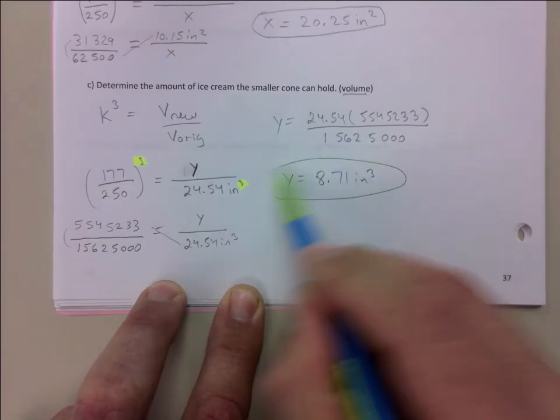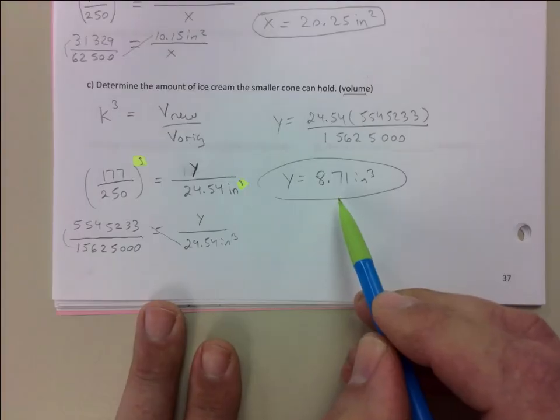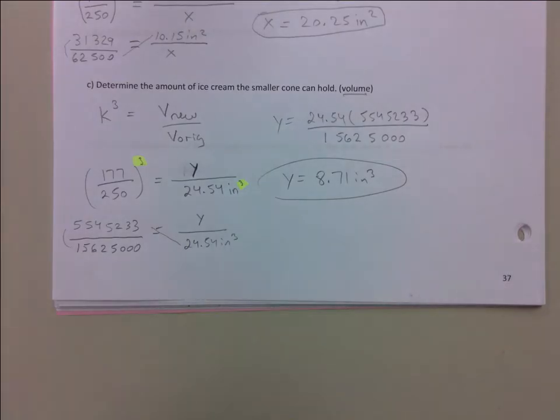Wait a minute, does it make sense that it's less than the original in this case? Does it make sense? Yeah, it's a smaller cone, less ice cream, okay? There we go. I think we're getting somewhere.